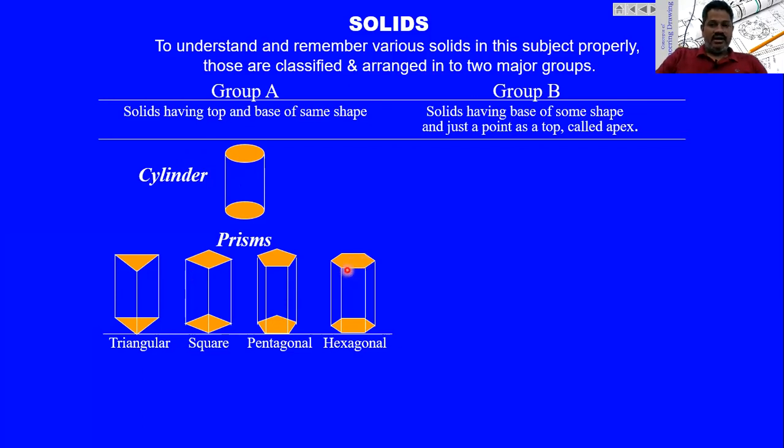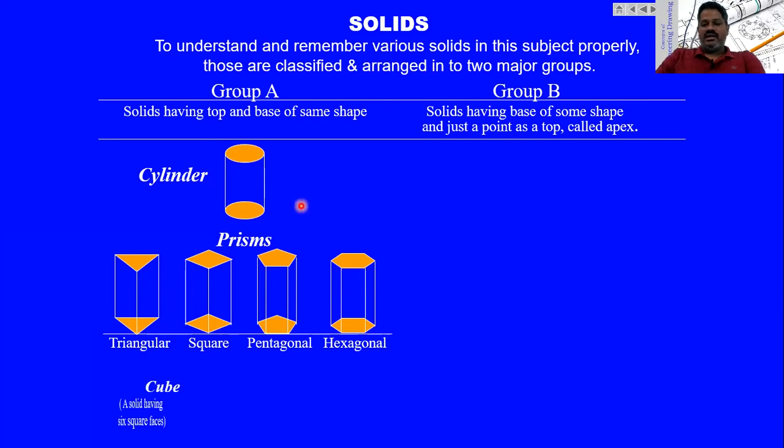When we have 6 sides, it is a hexagonal prism, then 5 sides pentagonal, then 4 sides a square prism, and with 3 sides we have the triangular prism. So in prisms the bottom shape and top shape are the same, and in the cylinder also the bottom and top shape are the same.